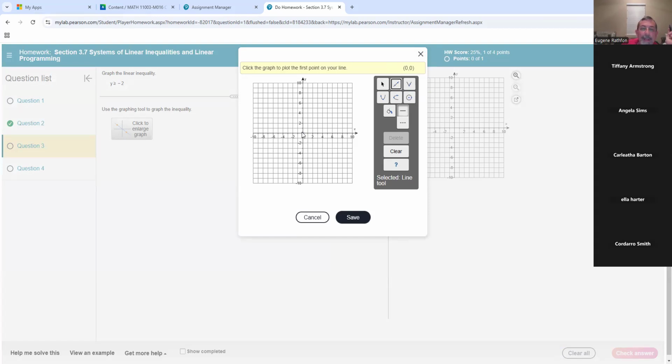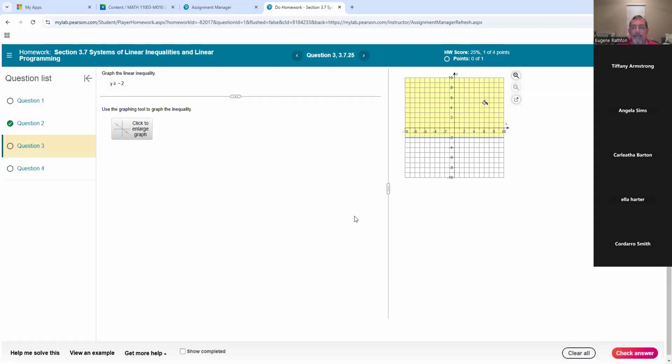And then I had 1, -2. And then right 2 down to -2. So there you go. And then when we shade above, so grab the paint can and click above. All right, on that point, I'm just going to hit save and check.